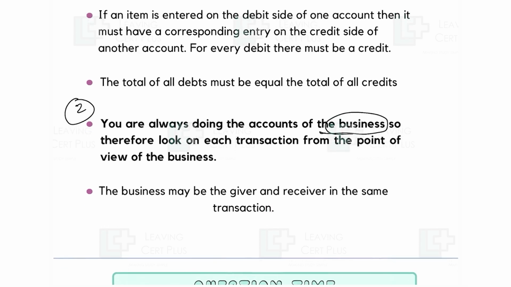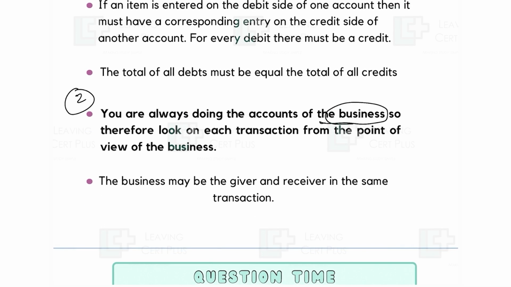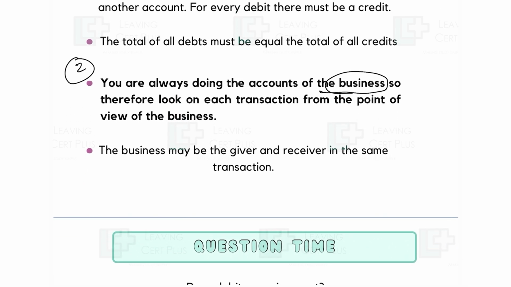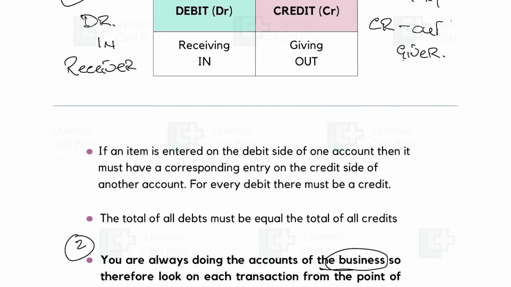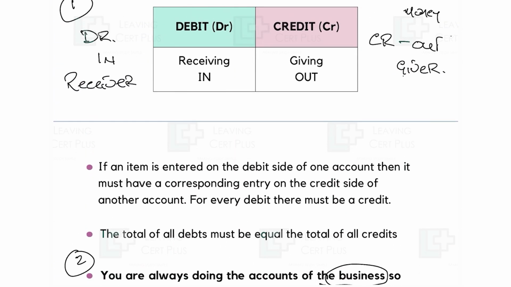The business will always be either the giver or the receiver, but there are a couple of occasions in the next lesson where the business may be both the giver and the receiver in the same transaction.